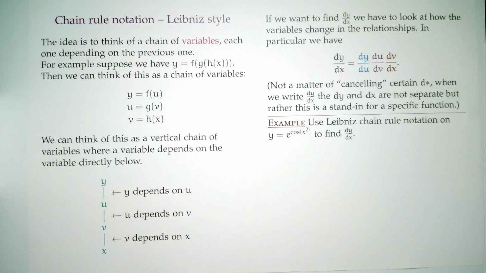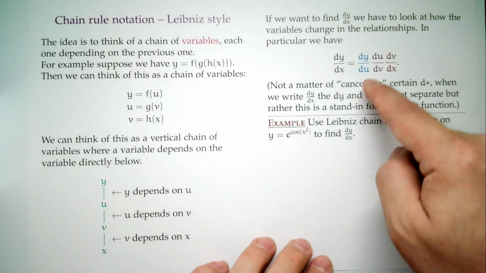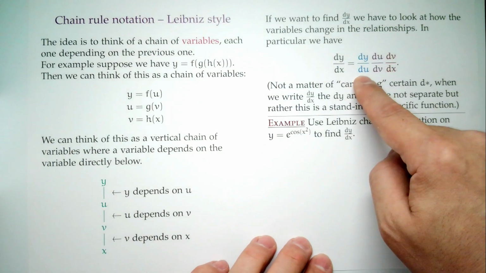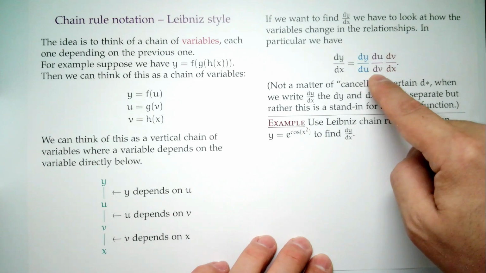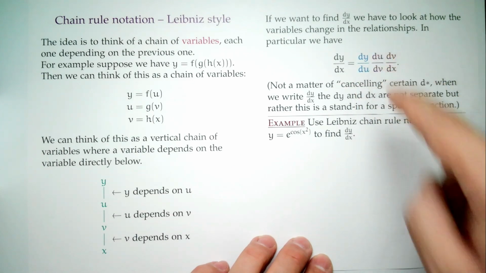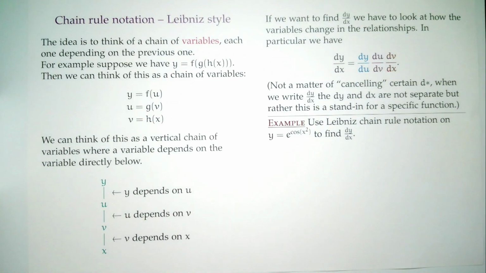That's just a notation for one object. So dy over du is by itself a single thing. du dv is a single thing. So it's not like there's a du piece here and a du part there that cancels. There's a little bit more subtlety to that. But in the end, if it helps convince you that it's true, it's not the worst thing to think about.